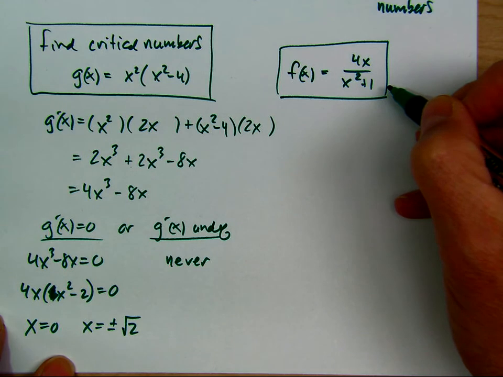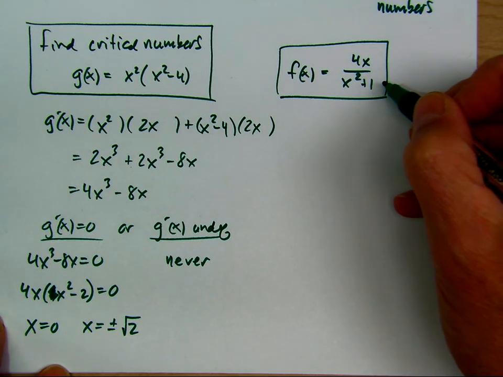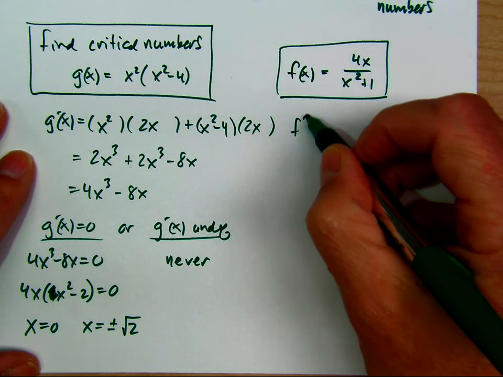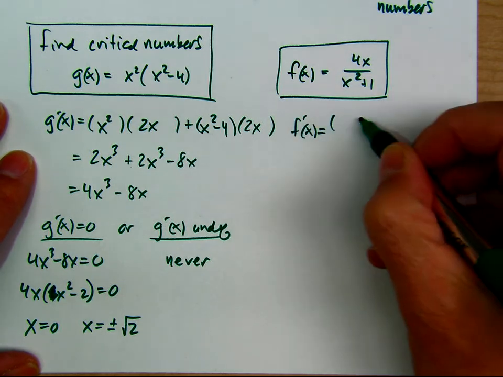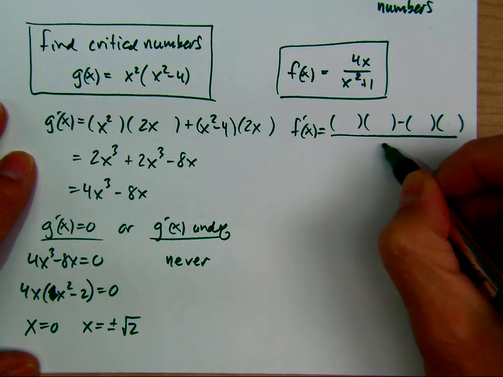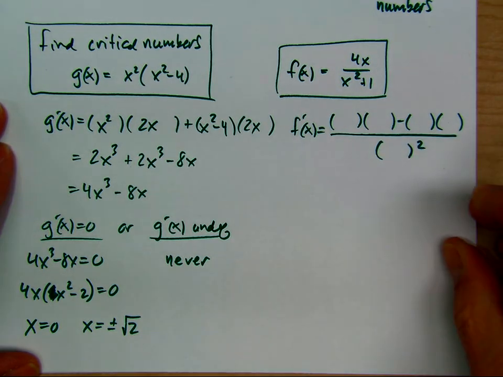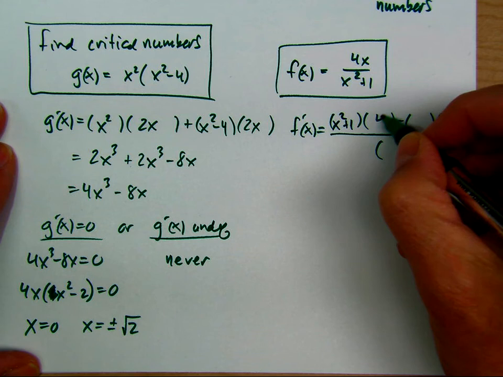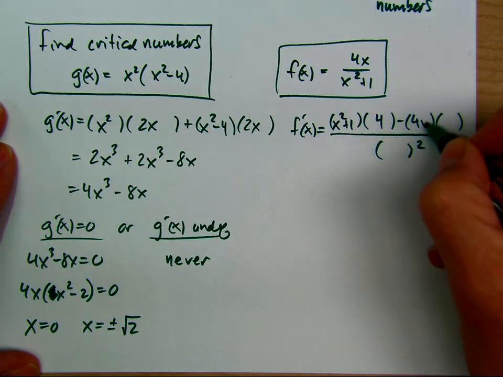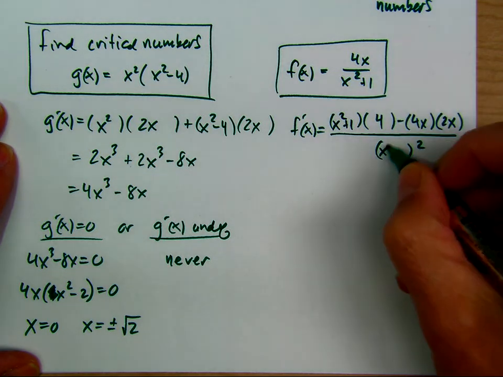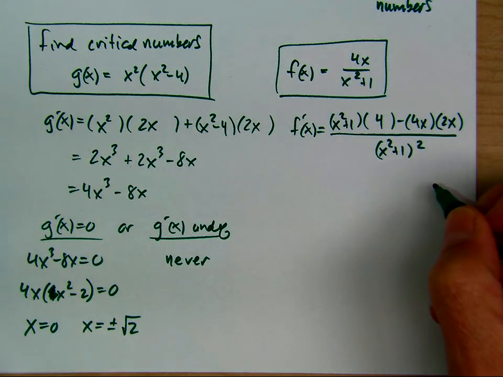Pause the video. Find the critical numbers for this function. We'll start with the derivative. And we have the denominator times the derivative of the numerator minus the numerator times the derivative of the denominator, over the denominator squared.